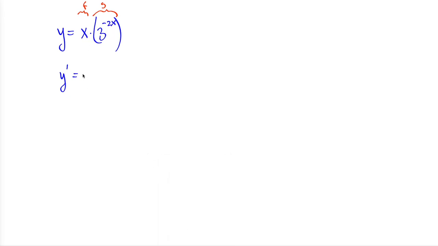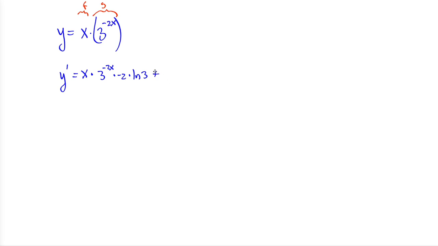And so I'm going to do first times derivative of the second. So derivative of any number, any numeric base to a variable power, you're going to rewrite the exact same thing times the derivative of the power times ln of the base.